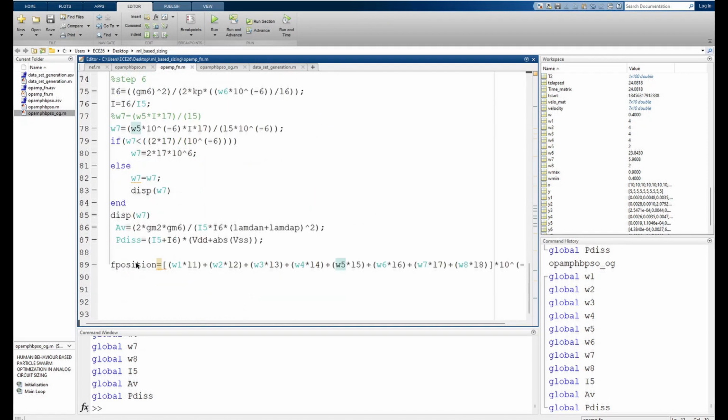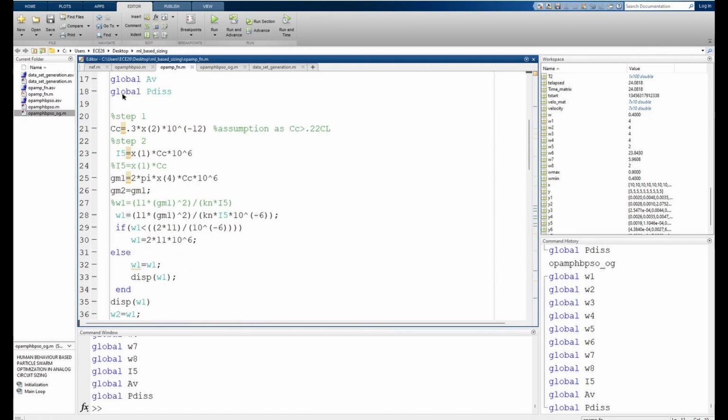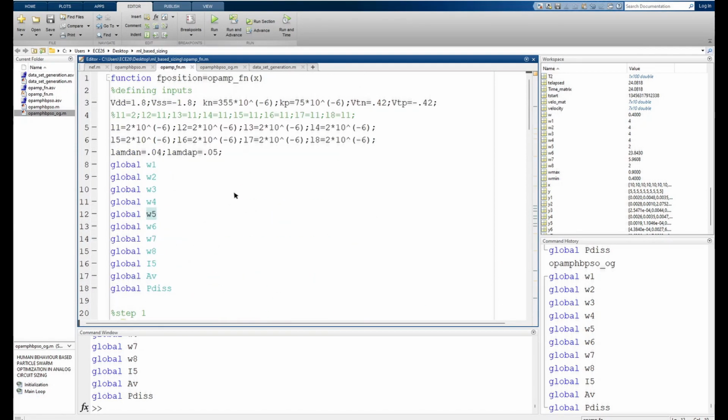Our main objective is to minimize the area, so we are giving the area information to the algorithm. Based on the minimum area and the design constraints, it will give the values of the W by L ratio of the op amp as well as other parameters. These are the constants used during the calculation.